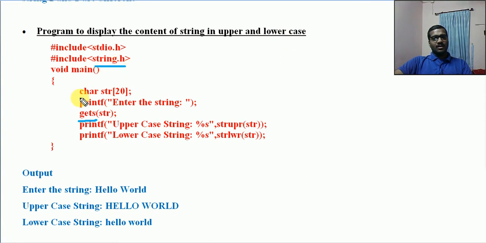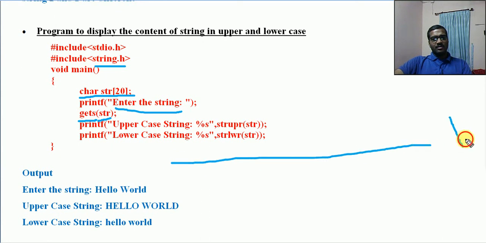So I am declaring a character array, char str of 20, enter the string, gets str. gets str will read until it reaches a new line, when you press the enter key. Printf, I am just trying to directly print the uppercase string: %s, comma strupr of str.